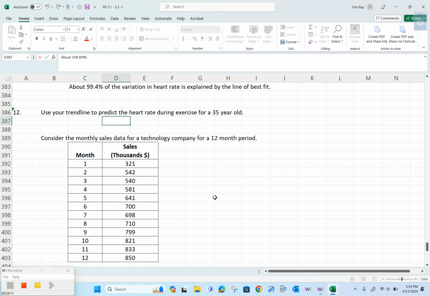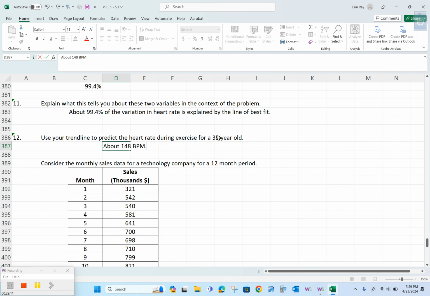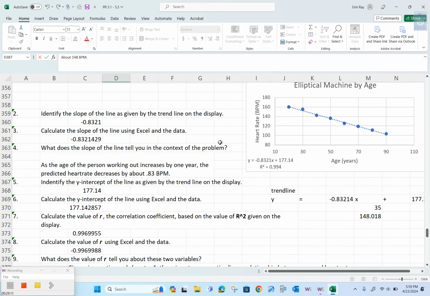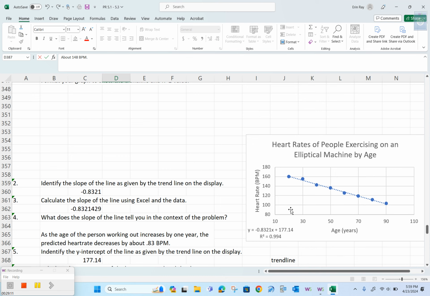So back up here, when we predicted the heart rate for a 35-year-old, since 35 was in our known values, from the lowest value of 20 to our highest value of a 90-year-old, it'd be considered interpolation, which means we can use our line of best fit to predict that without much worry, assuming that a linear model is a good fit.